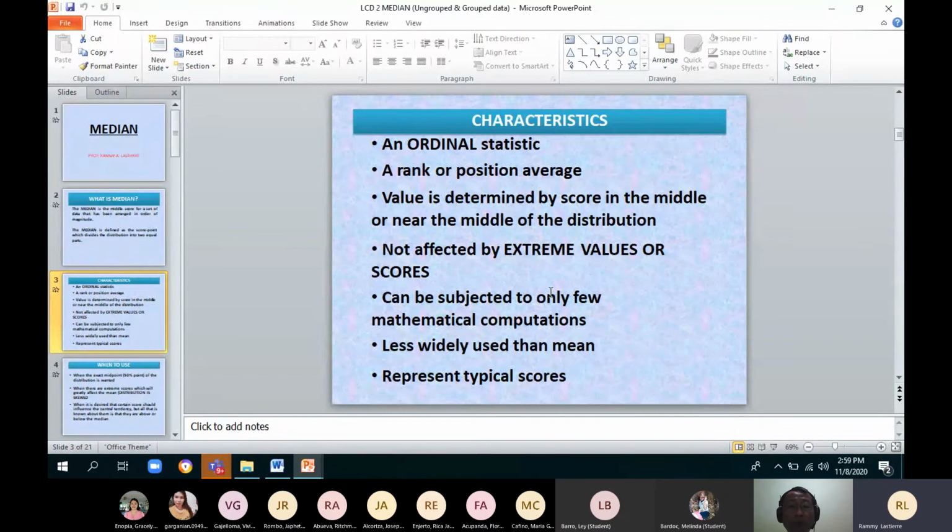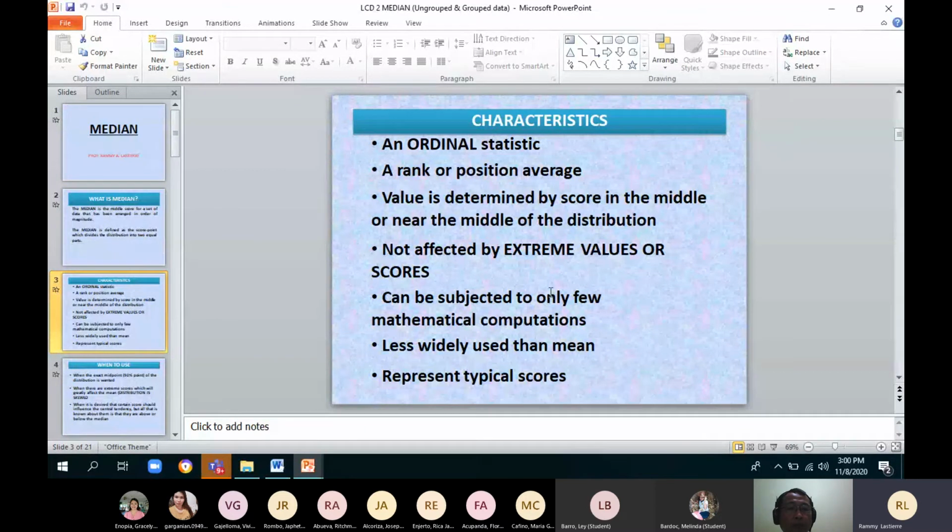If we compare it to the mean, the mean is affected by extreme values, while the median is not affected by extreme values. Meaning to say, if the scores are very far from the other scores, do not use the mean. So the appropriate tool is the median.